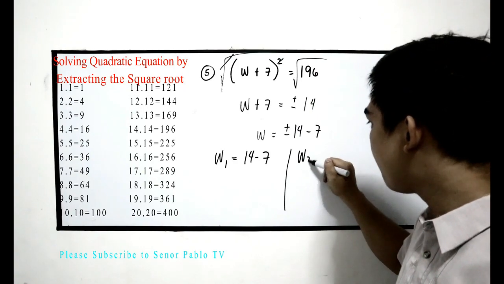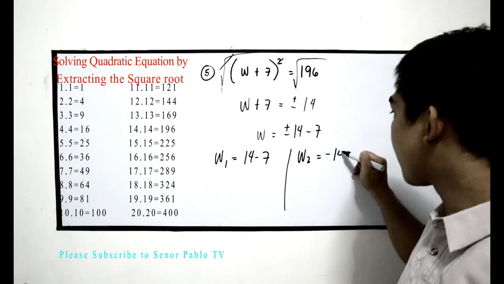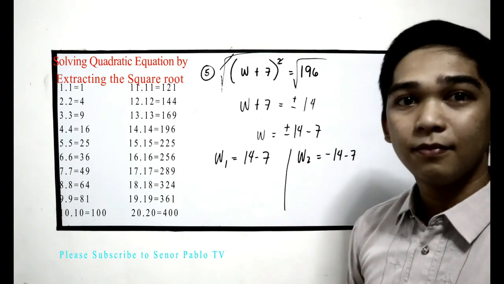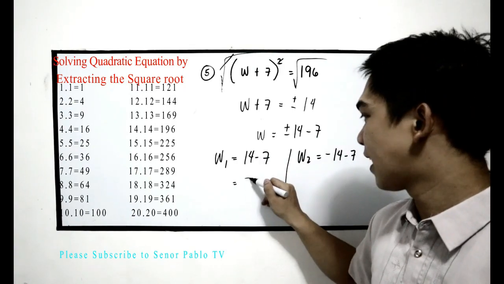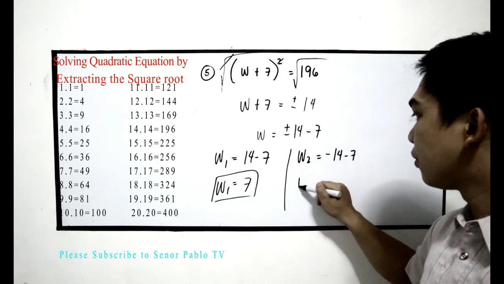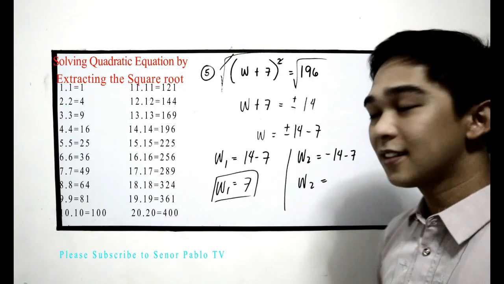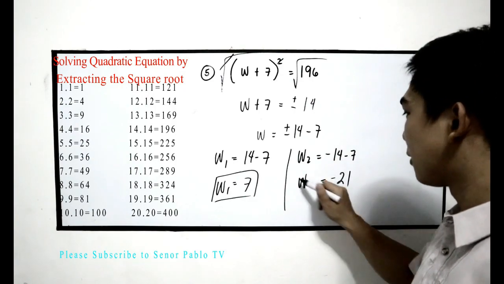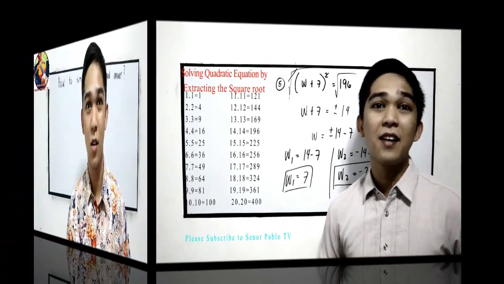And w sub 2, which is negative 14 minus 7. 14 minus 7, that is 7. w sub 1 is 7. And w sub 2, negative 14 minus 7, that is negative 21.